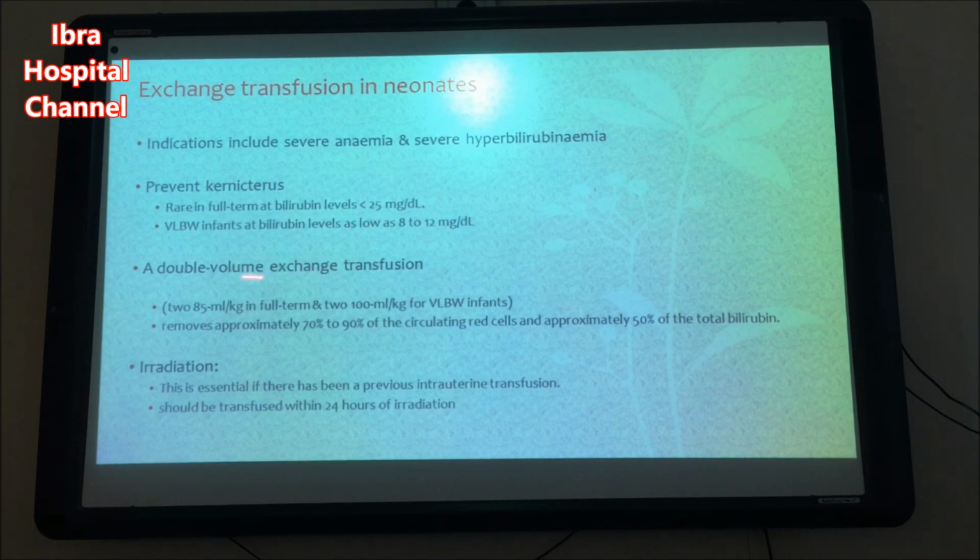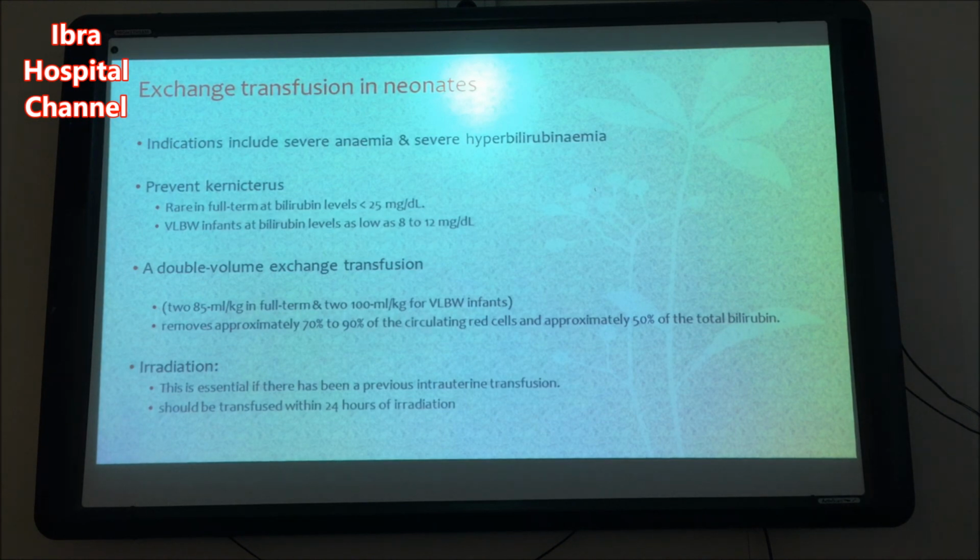Usually most centers use double volume exchange transfusion, and double volume means, remember, the blood volume of a term baby is 85 ml per kg, so you calculate 2 times 85 ml per kg of the baby.